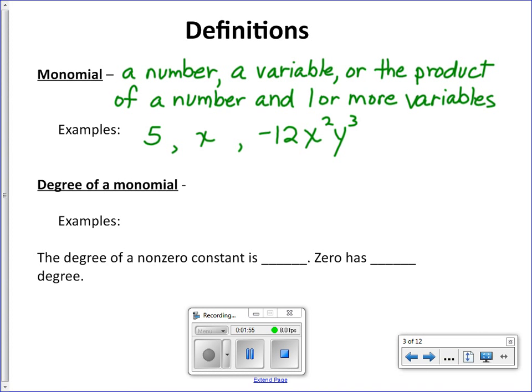All right, now the degree of a monomial. The degree of a monomial is the sum of the exponents of the variables.